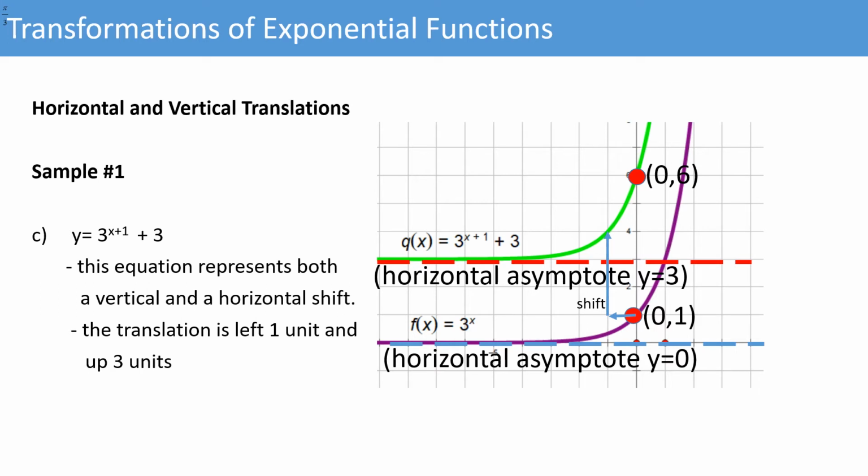The translation will be left 1 unit, which we can see if we compare the points, and it's gone up 3 units. So the point (0, 1), we can see, has shifted and moved up.